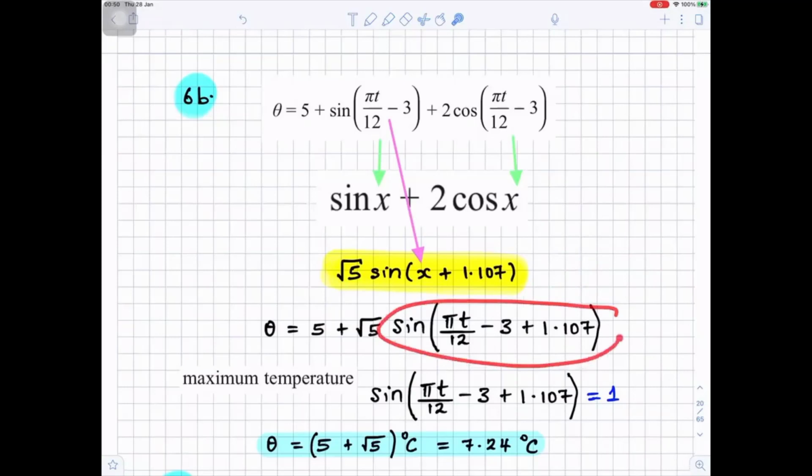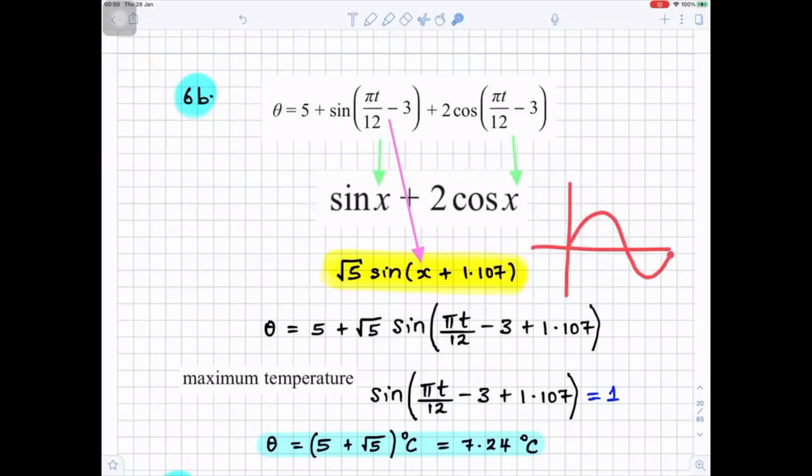When the sine is equal to 1, it is a maximum. And if all of that is equal to 1, you're left with 5 plus root 5 degrees Celsius, which is 7.24 degrees Celsius. Because a sine graph looks like that, and the maximum is at 1. So that gives you the answer 7.24 degrees Celsius.